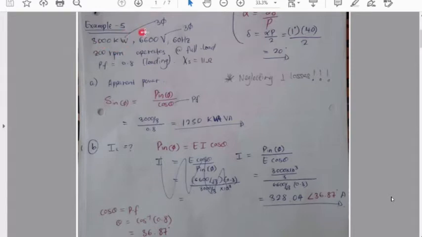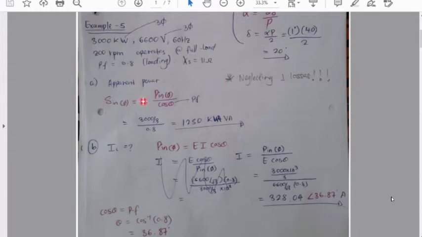This is 3-phase, so put down 3-phase. It makes your life so much easier. And the volts that is given to you is also in 3-phase. 60 hertz, 200 RPM, operates at full load, power factor is 0.8 leading, and your synchronous reactance is 11 ohms. And we are neglecting the losses.